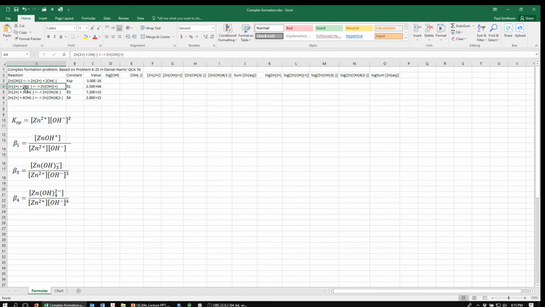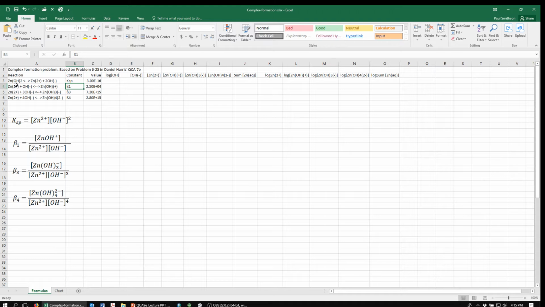The 1 hydroxyl giving us ZnOH+, with what they call the cumulative formation constant beta 1 here, and so on. The 3 hydroxyls and 4. 2 just gives a straight line across, so I've left that out.